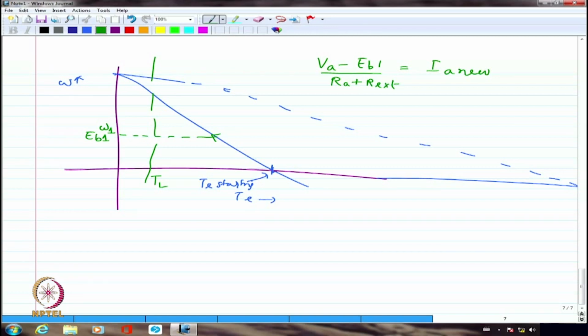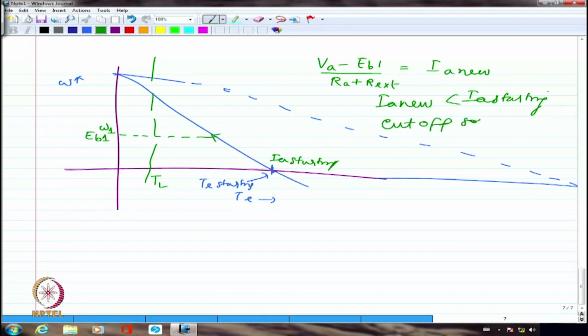So if I call this IA starting, I am going to have IA new less than IA starting. Right? This may not develop an adequate amount of torque. Maybe. I don't know what my load torque is, or the rate at which I want to accelerate. So what I will do is cut off some portion of the resistance.